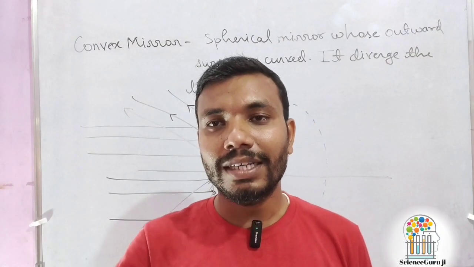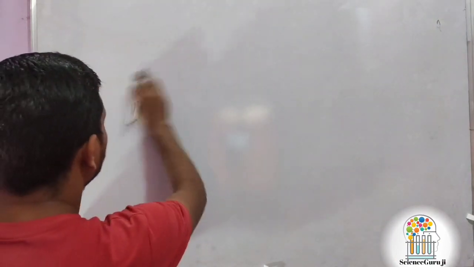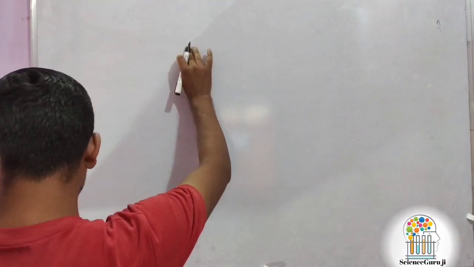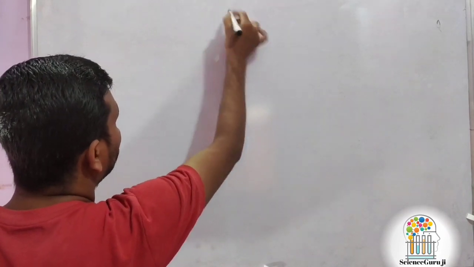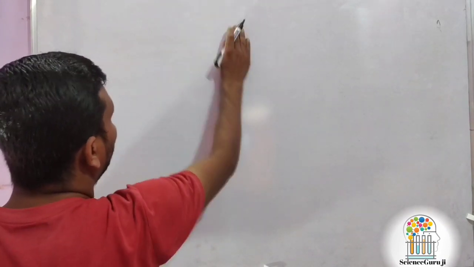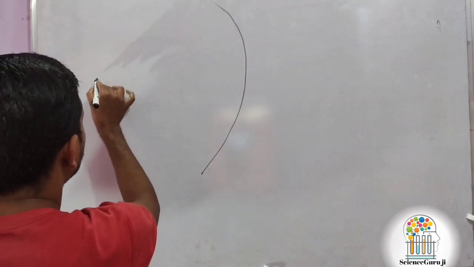Let's understand this with the help of a diagram with the proper definitions. I'll make one diagram to understand the center of curvature, focal length, and the other components. I am taking the example of a concave mirror.